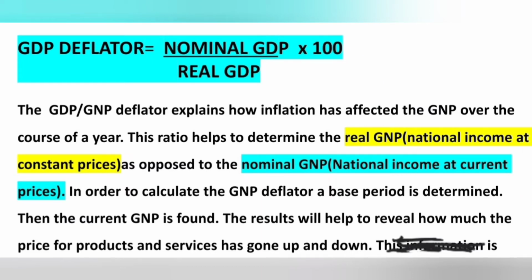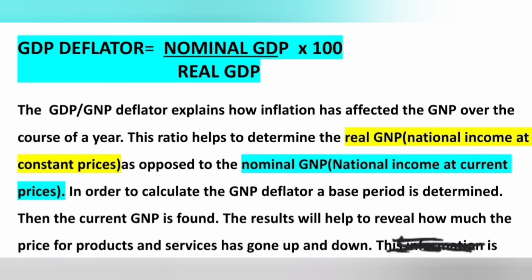So GDP or GNP deflator explains how inflation has affected the GNP over the course of a year. This ratio helps to determine the real GNP, that is national income at constant price, as opposed to nominal GNP, national income at current price. National income at constant price or real GDP is price of the base year into quantity of the current year.